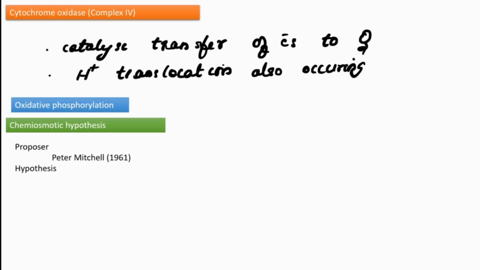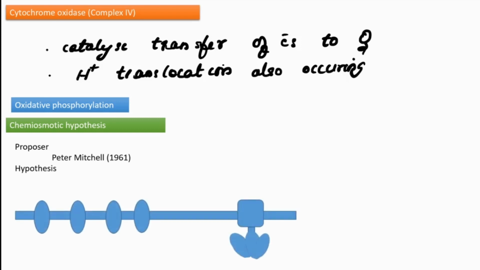The chemiosmotic hypothesis of oxidative phosphorylation is very important and has been asked many times in examinations. It was proposed by Peter Mitchell in 1961. I want to learn what that hypothesis is. This is the inner mitochondrial membrane, and these are the electron carriers, complex 1, 2, 3, 4.